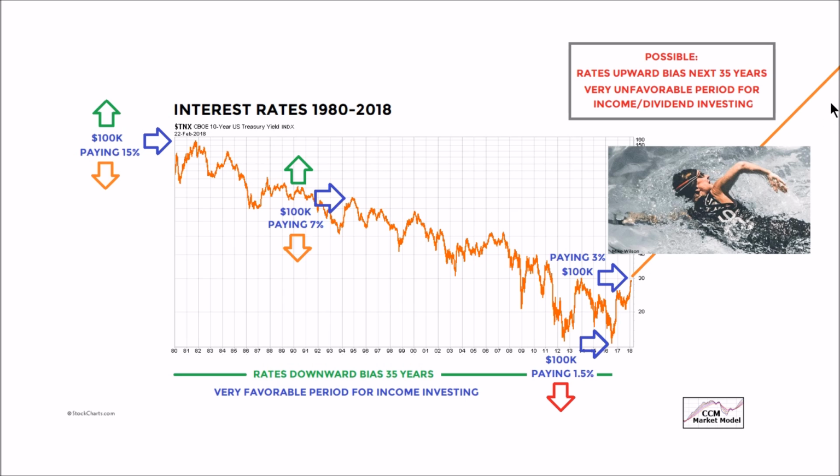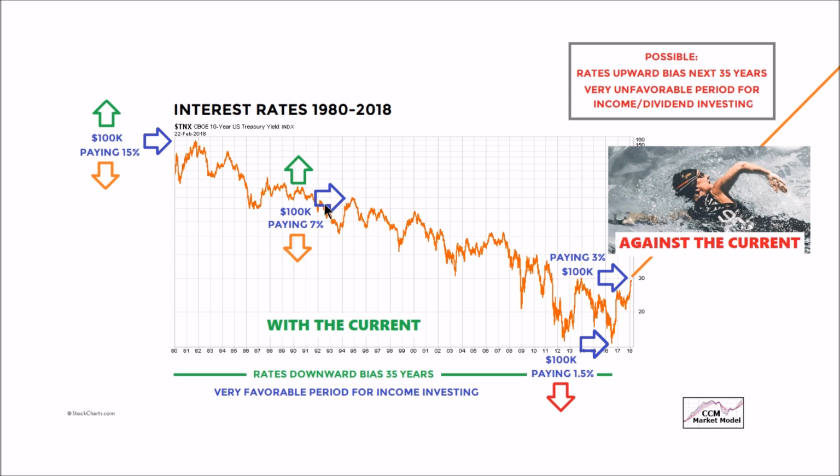Even if interest rates don't go up very much, the fact that perceptions have changed and the fact that the relative performance has flipped and broken out is really why you're swimming against the current. If you've been investing in income, for the most part, for our whole adult lives, we've been swimming with the current, and it's been easy.